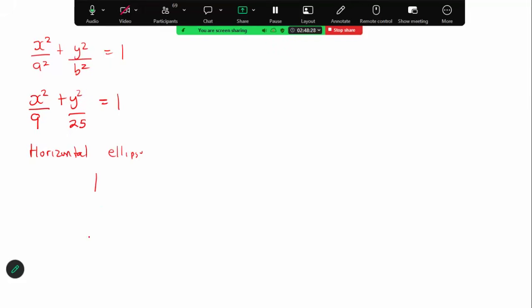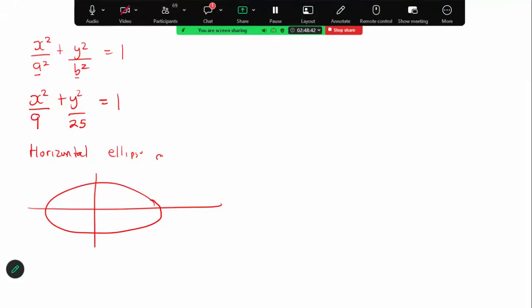It will look something like this. When it comes to the horizontal ellipse, you look at the value of a and the value of b. Whenever the value of a is bigger than b, then it's going to be a horizontal ellipse.